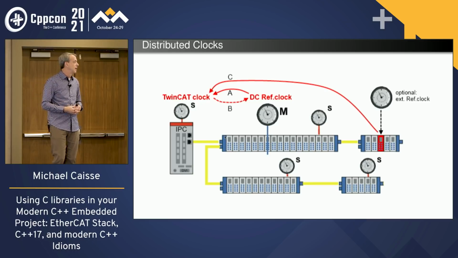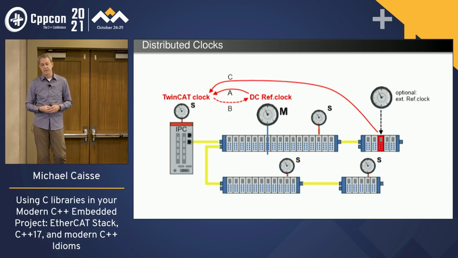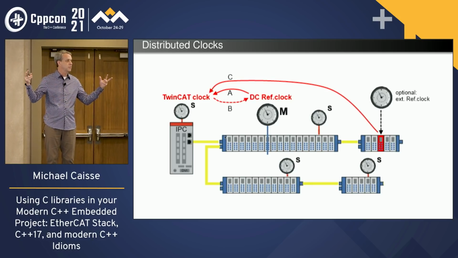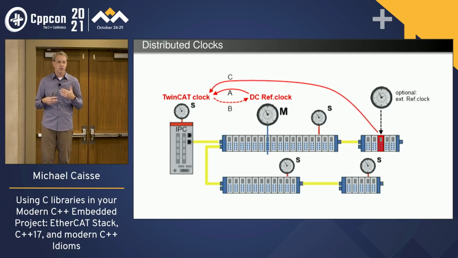And so there is a distributed clock mechanism inside of EtherCAT. If you do not pick a distributed clock master, one will be picked for you, and it then becomes the time master inside of the network. There is a process in which all the other slaves that care about distributed clocks will go ahead and synchronize their clocks and find their time.